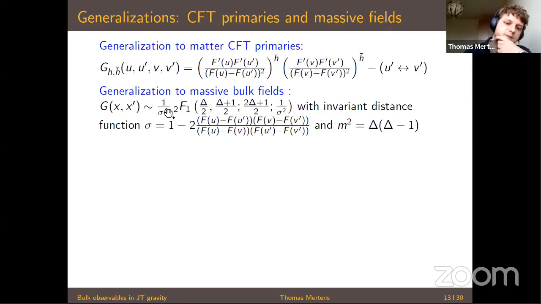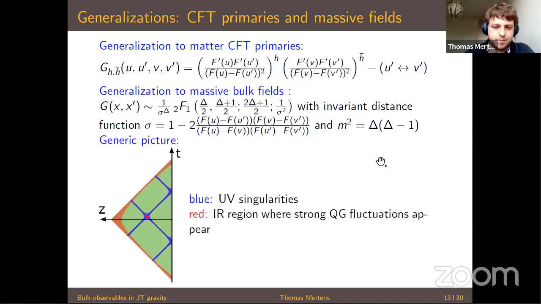For massive bulk fields, the matter 2-point function is a 2F1 hypergeometric function in terms of this invariant distance that contains a cross ratio as well. But there is a way to write this again as a multiple integral of things that look like this, where you can again use the same tricks. So everything ultimately boils down to these expressions, f dot over f minus f squared to some power.